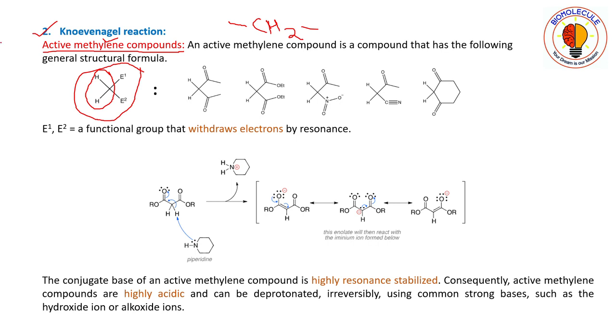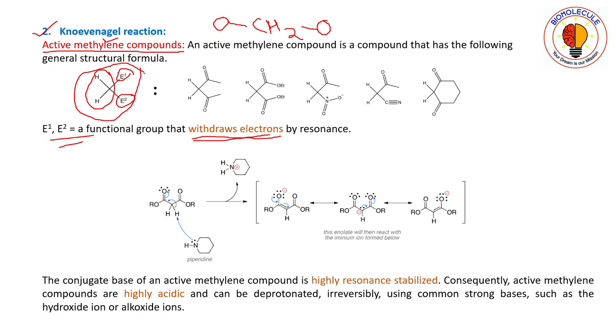Active methylene compounds are those compounds in which this LHS and RHS have electron withdrawing groups. If you see the compound here, this E1 and E2, the substituents should be electron withdrawing in nature.